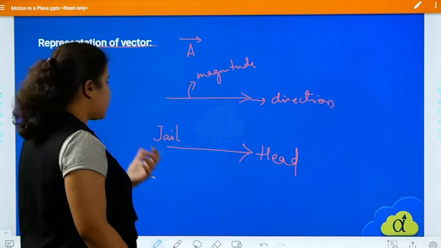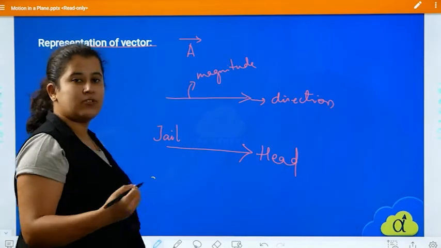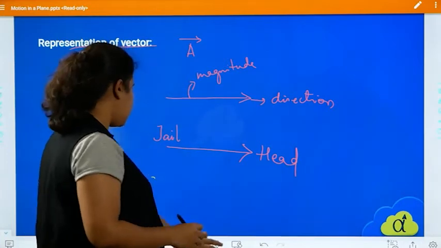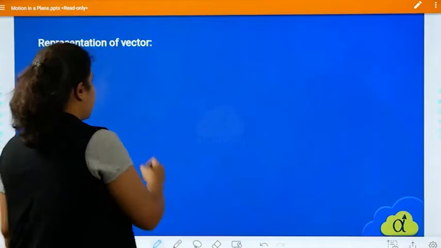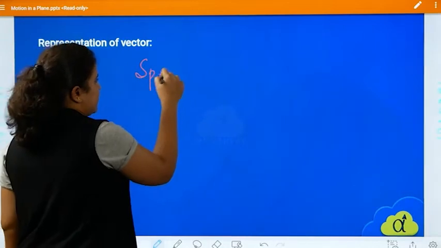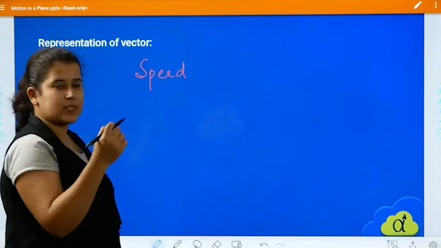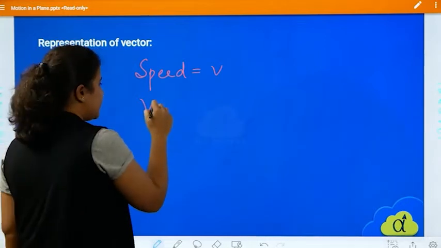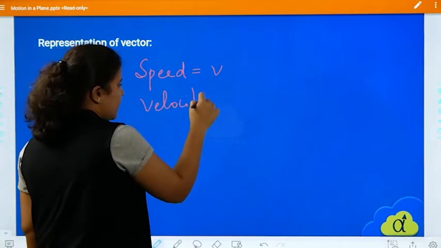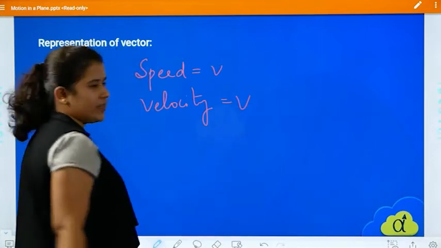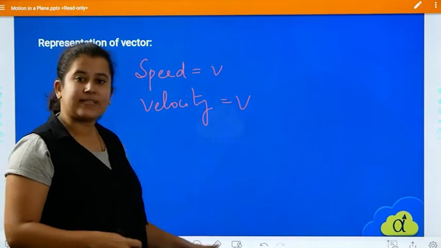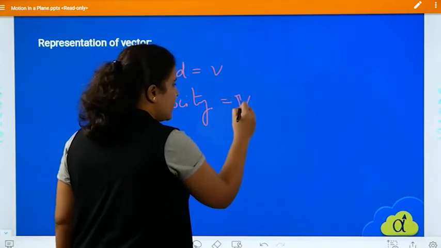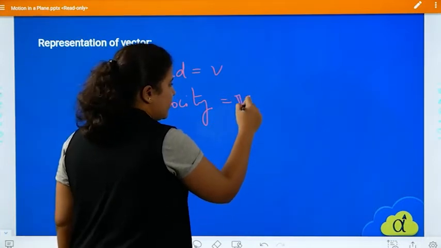Or else, another way to say that the value is a vector: for example, I will consider speed. When I consider speed, speed is also represented by v. And when I consider velocity, velocity is also represented by v. But how should I know whether it is a scalar or a vector? So this will be taken as bold.